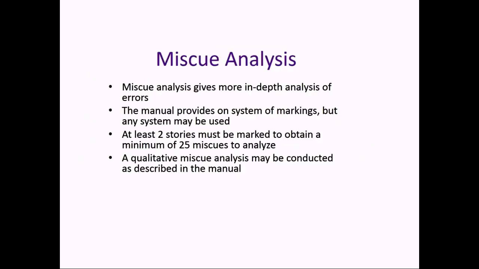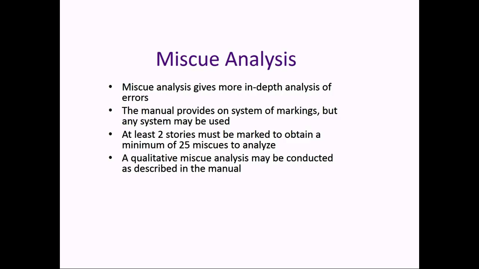All right, a miscue analysis. So we had recorded the miscues on the form, whether they substituted words, mispronounced words, had reversals, added words, deleted words, repeated words, repeated lines, all of those things were counted in the miscue scoring.